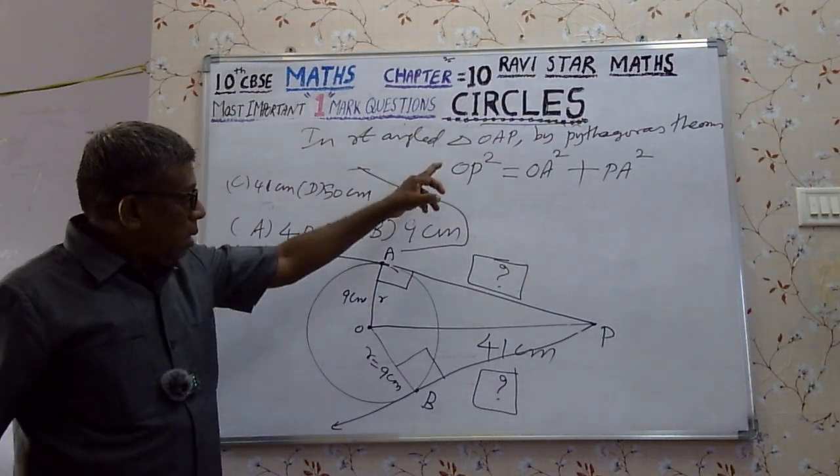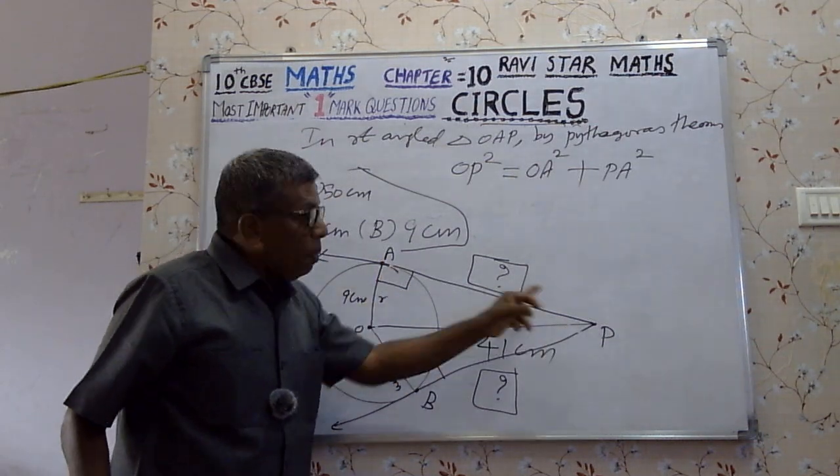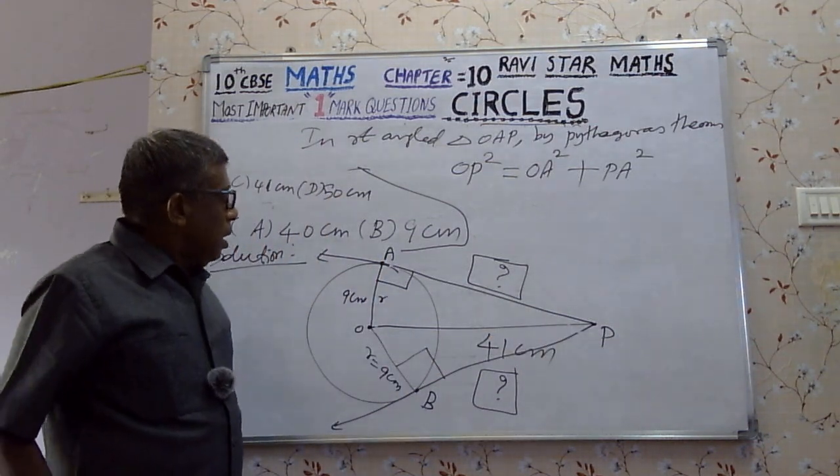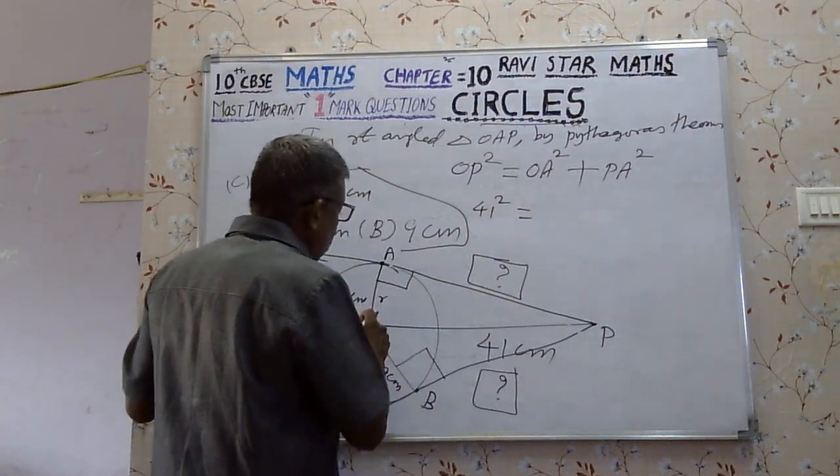In right angle triangle OAP, OP squared equals OA squared plus AP squared by Pythagoras theorem. What is OP? 41, so 41 squared. What is OA?